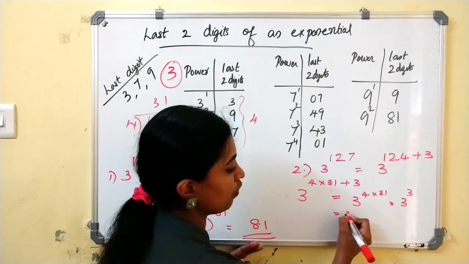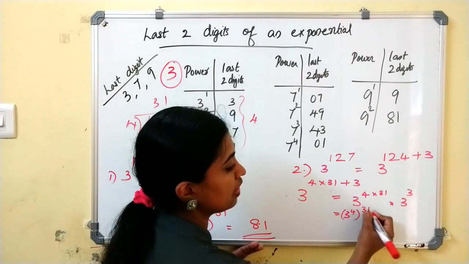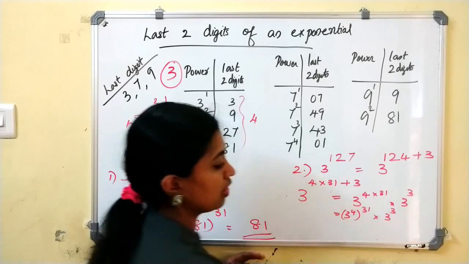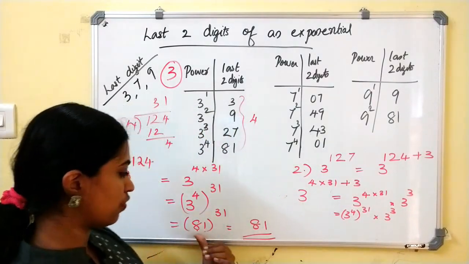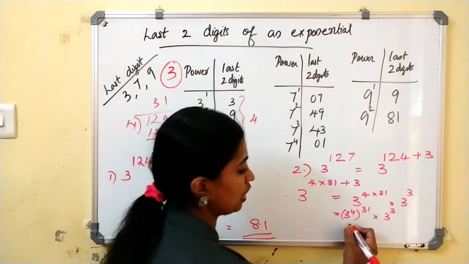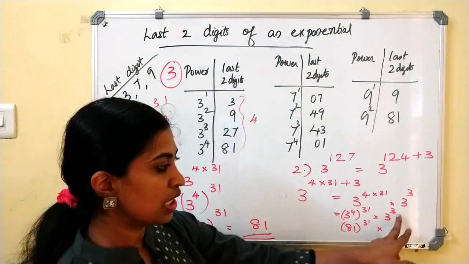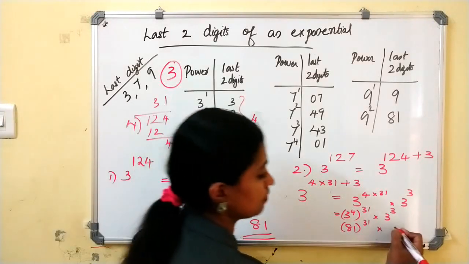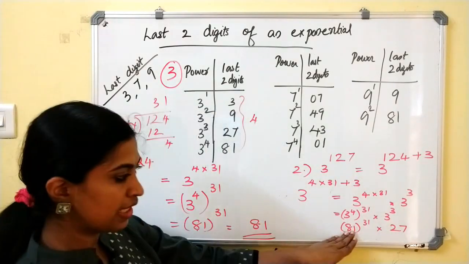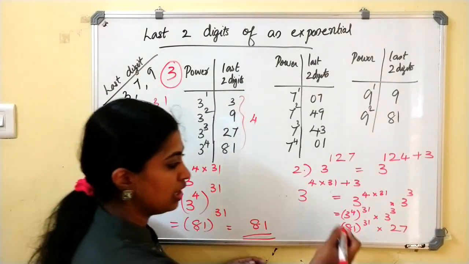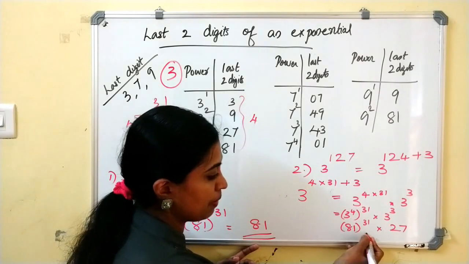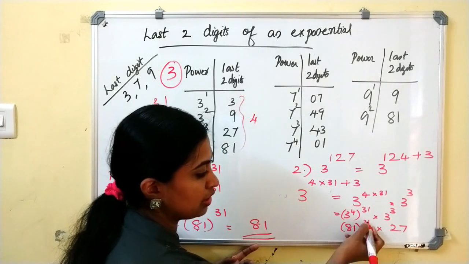Or 3 raised to 4, the whole raised to 31, into 3 raised to 3. What is 3 raised to 4? 3 raised to 4 is 81. So 81 raised to 31 into, what is 3 cube? 3 cube is 27. So what is the ending digit of 81 raised to 31? Ending digit of a number ending in 1 is 1. 8 into 1 is 8.